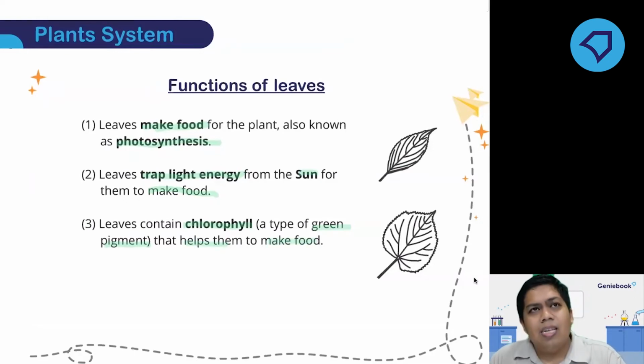This green substance, chlorophyll, is the one that absorbs the sunlight from the sun. Again, if you can't remember the spelling of chlorophyll, you can just say the green pigment in the leaf. That will do also at this level, but if you go to upper primary, then no choice. You have to memorize the spelling for chlorophyll.